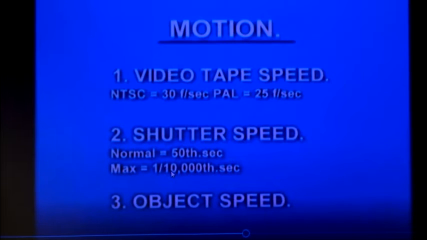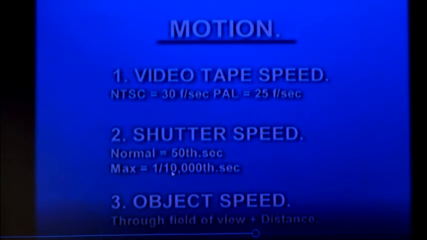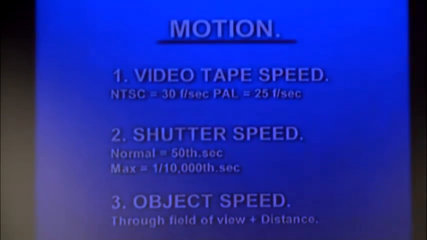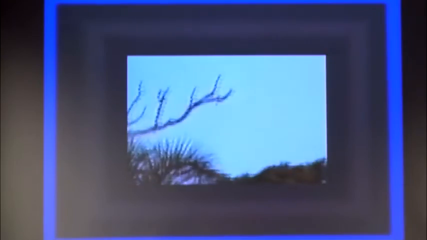So the quality of the camera was paramount in getting positive results. Just because it's 10,000th of a second doesn't mean it's a good 10,000th of a second. The shutter speed as the tape is going through the camera determines motion blur. The faster the shutter speed, the less motion blur.